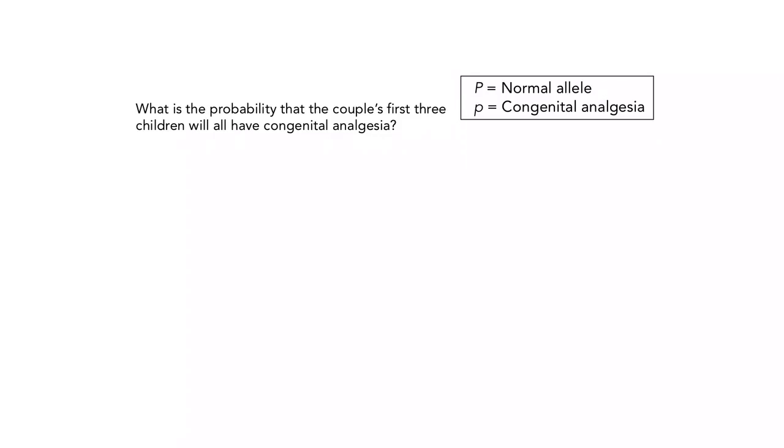So what do we know from this question? We know from the previous lineup about this disease that congenital analgesia is a recessive trait. That means what we're really interested in this question is individuals that are little p, because they're going to be affected by this condition. Also, notice it says first 3 children. So that's child number 1, 2, and 3.